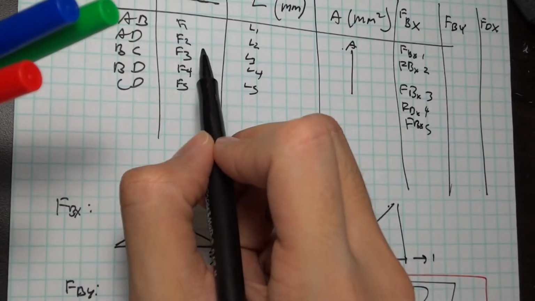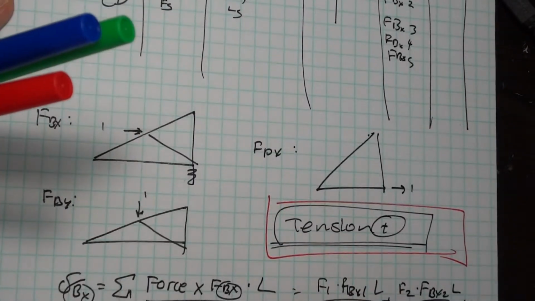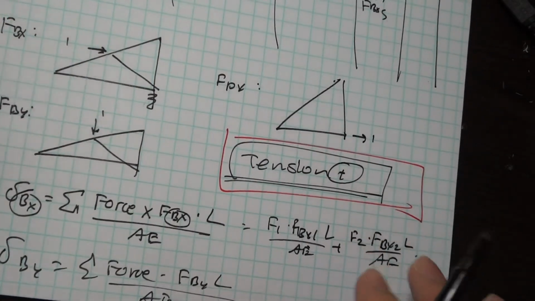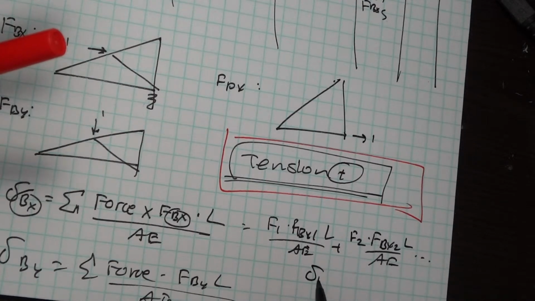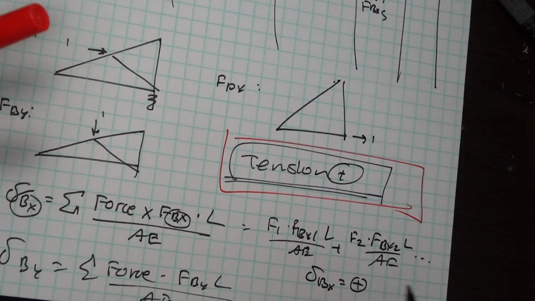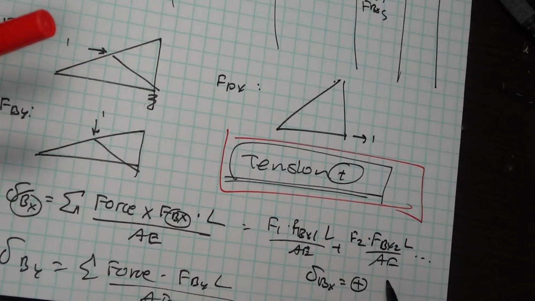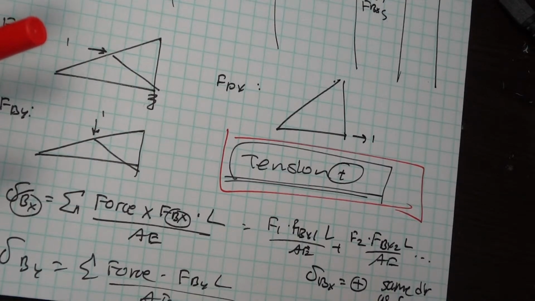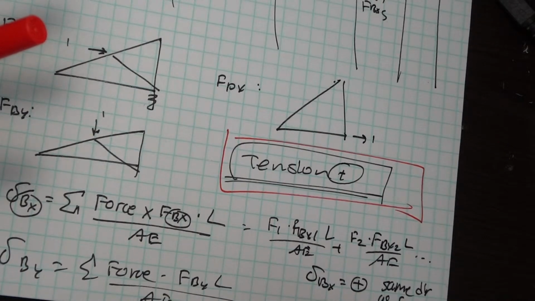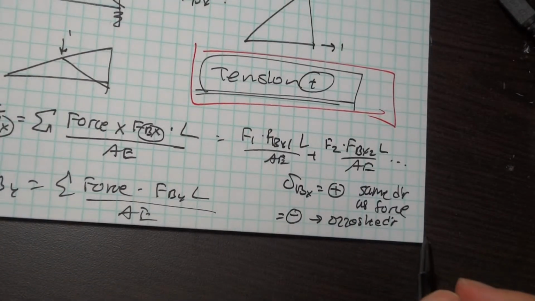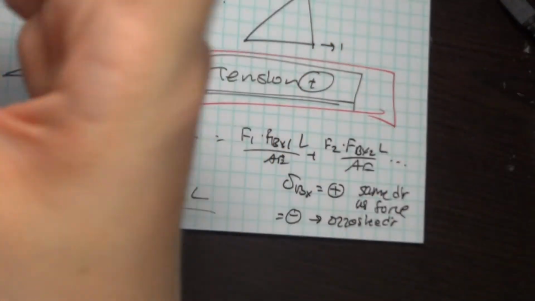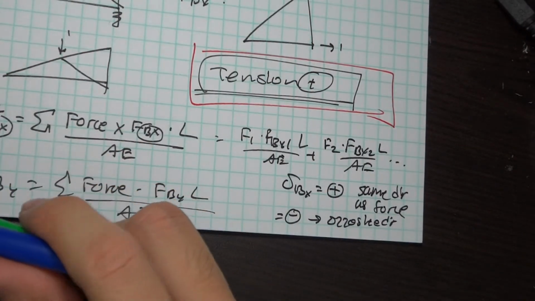If you get a negative and a positive, this will become negative. So your signs will take care of themselves. And if your delta Bx is positive, it's the same direction as the force. If it's negative, opposite direction. I think that should be fine.